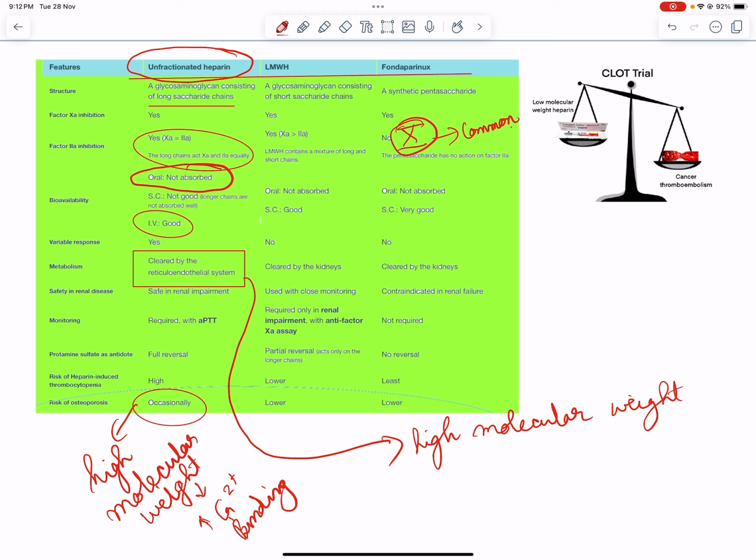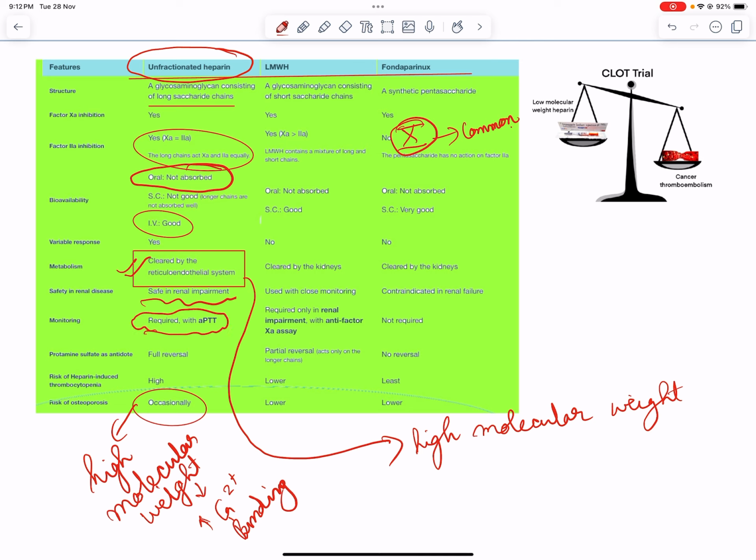So the mechanism is that a high molecular weight substance will be processed in the liver. They are processed in the reticuloendothelial system, and since they do not use the renal route, they are safe in renal impairment, and they mainly affect the intrinsic pathway.